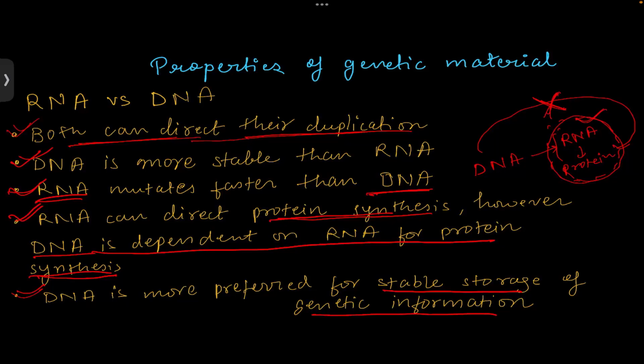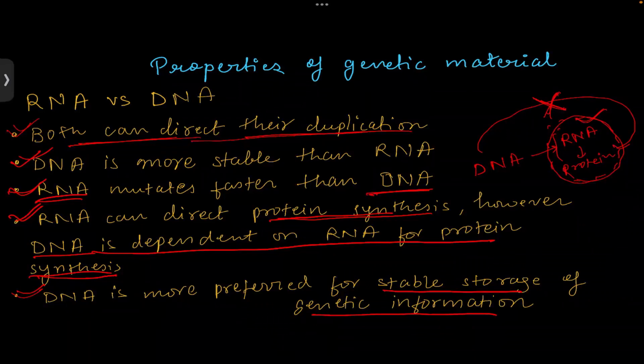But later on, nature identified the limitation of the RNA structure. It is much more reactive. It is much less stable. So chemical modifications happened in the structure of the RNA, and from RNA, DNA was formed. That is how genetic material evolved. Now all the higher multicellular organisms have DNA as the genetic material. So it is a very beautiful story of the discovery of genetic material.